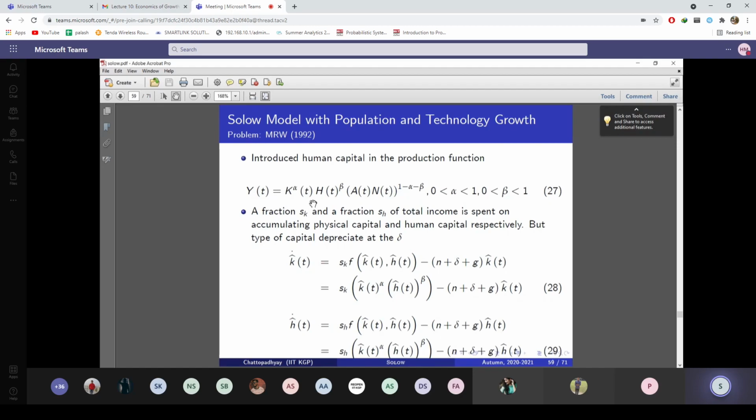Then I do a simple manipulation. The production function can be written as capital Yt equals capital Kt by capital Yt whole to the power alpha by alpha plus beta, capital Ht by capital Yt whole to the power beta by alpha plus beta, and this term will remain unchanged, AtNt. Then capital K by capital Y is constant along the balanced growth path.